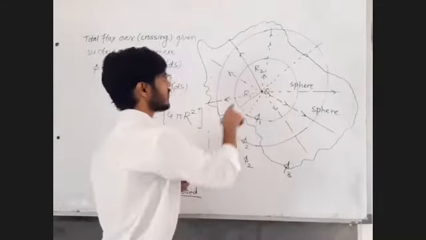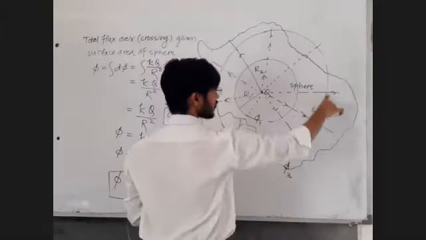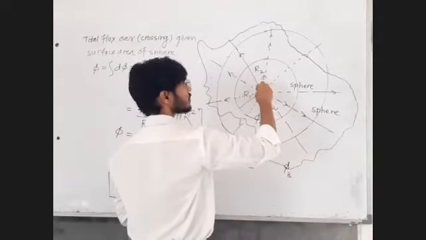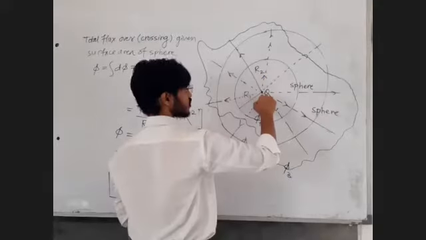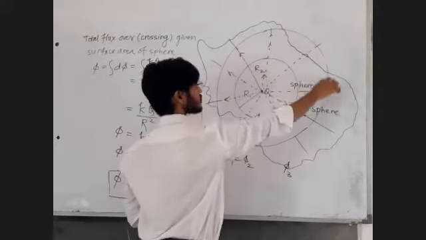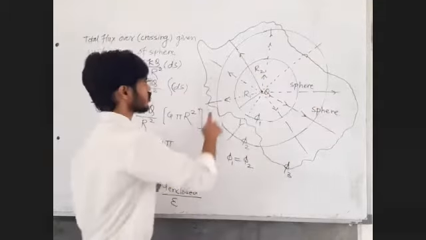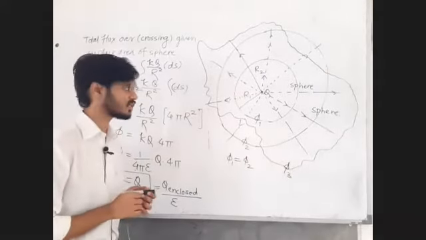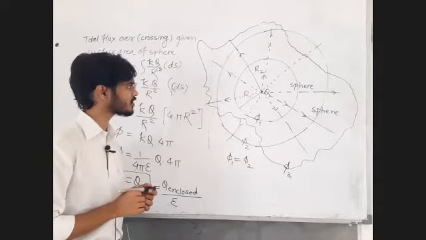Yes. This Q has been enclosed by the outer sphere. So electric field lines emitted, or the electric flux emitted by this charge Q, are ultimately going to cross this outer surface. The same is true with any random shaped surface. So sir, it doesn't matter what the shape is.